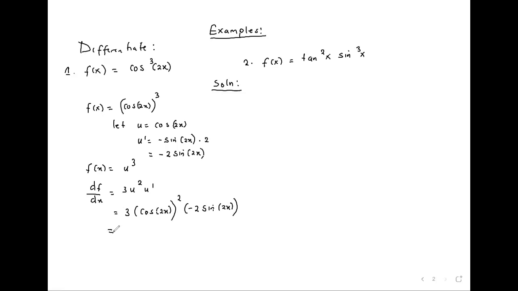So that 3 by negative 2, we get negative 6 cos squared 2x sine 2x.